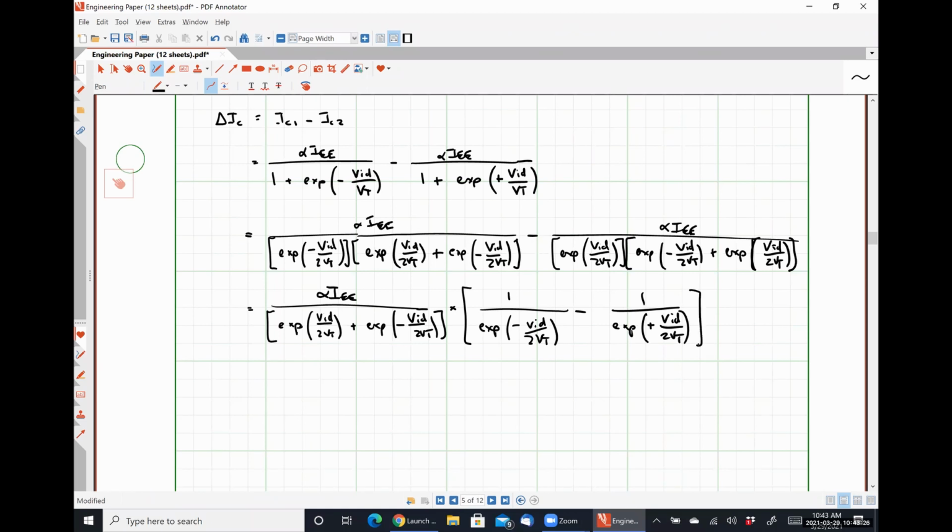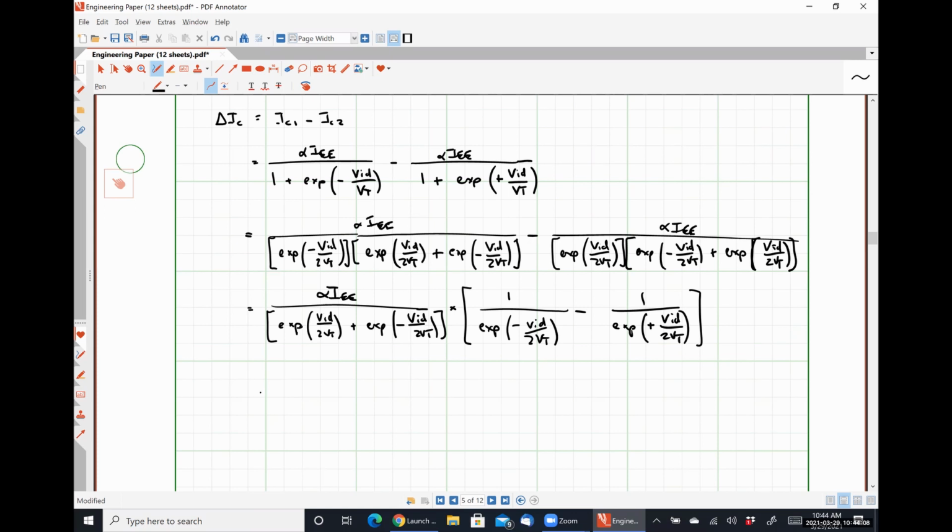All right, let's take a look at this real quickly. I can get a common denominator, right? If I multiply this fraction on the left by EXP of VID over 2 VT, I'm going to get EXP of VID over 2 VT divided by 1. Similarly, if I multiply the other fraction the same way, I'm going to get EXP to the minus VID over 2 VT divided by 1.